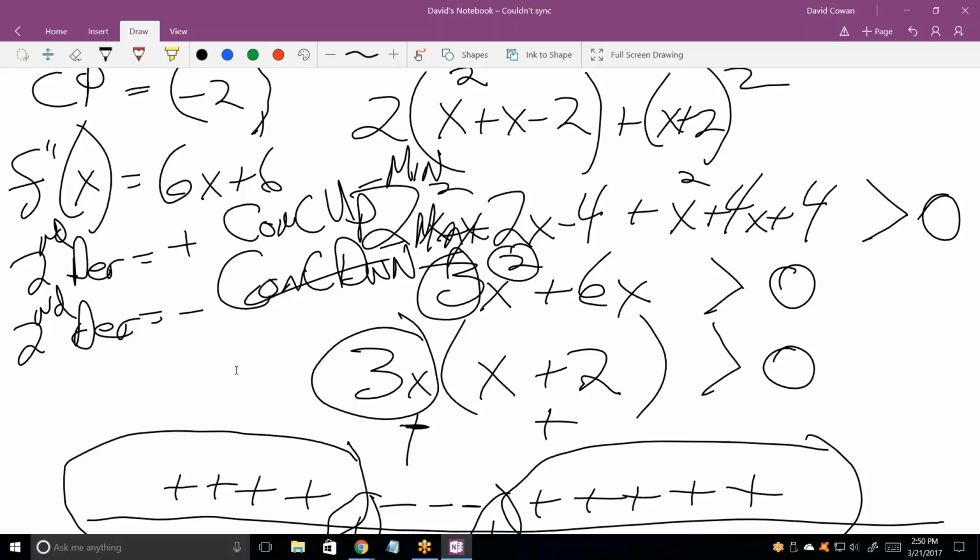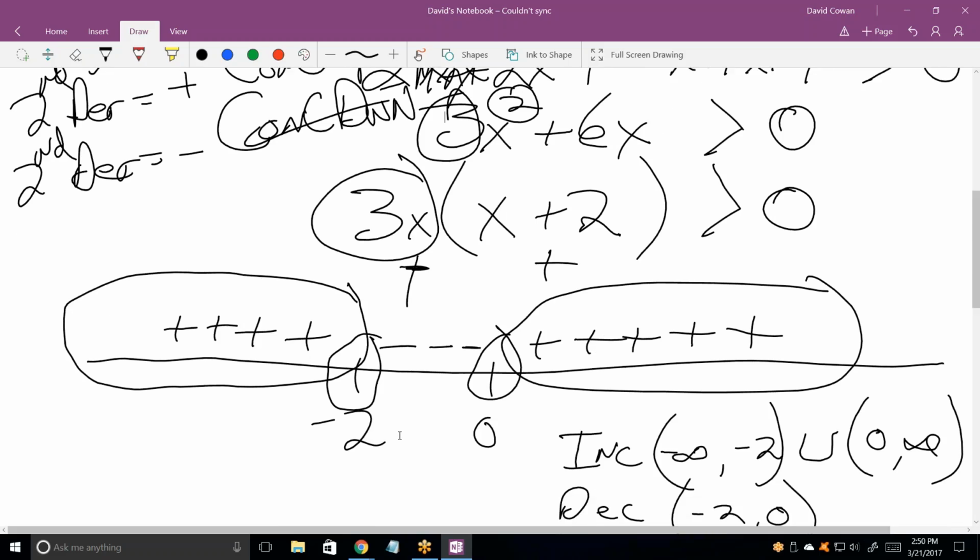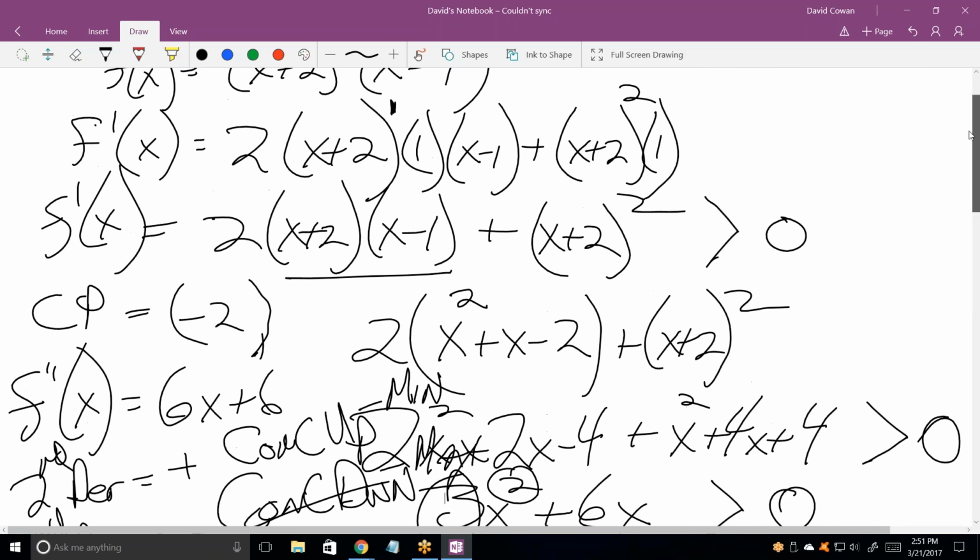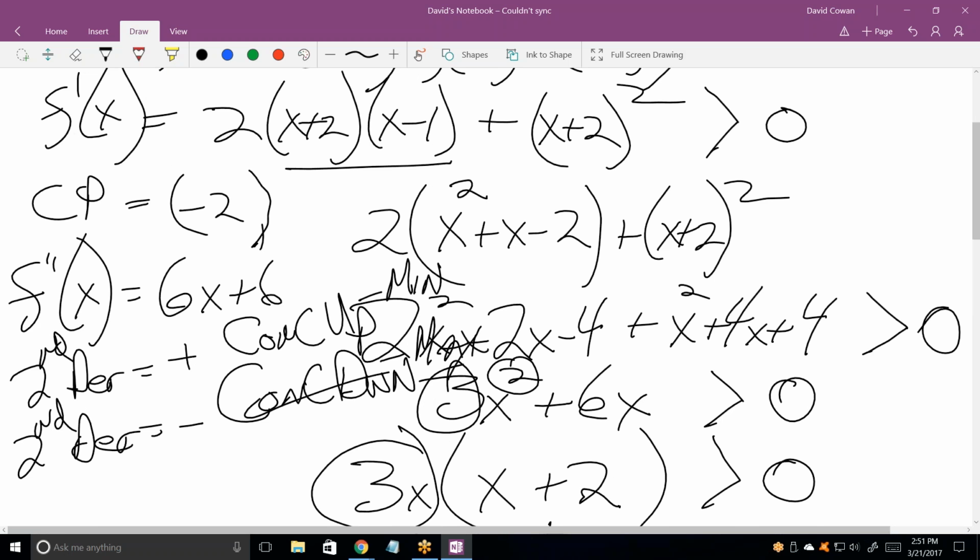In other words, if I wanted to know whether this first critical point, minus 2, is a maximum or a minimum, plug it into the second derivative. What do you get? You get a negative or a positive number? Plug in x equal minus 2. Oh.